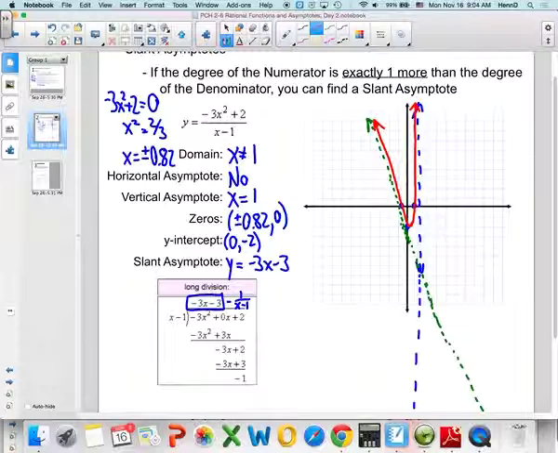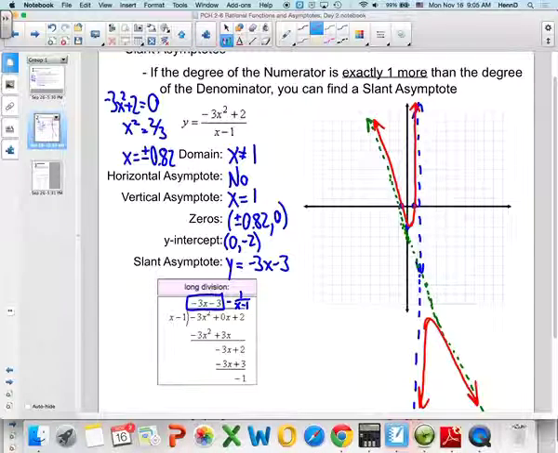Then, across from that, it's going to do the same idea in this bottom quadrant here. We're going to have some points here, and it's going to approach the slant asymptote and that vertical asymptote.